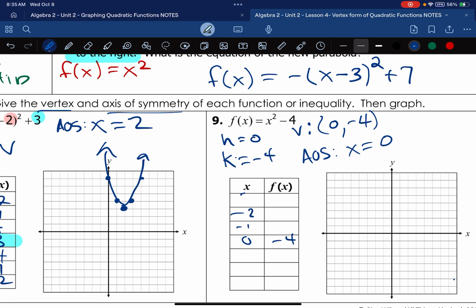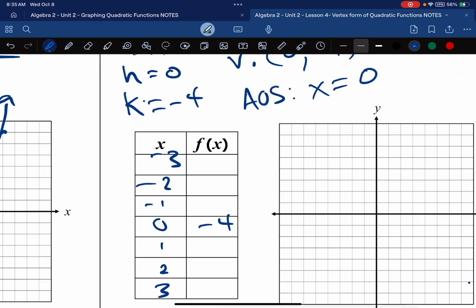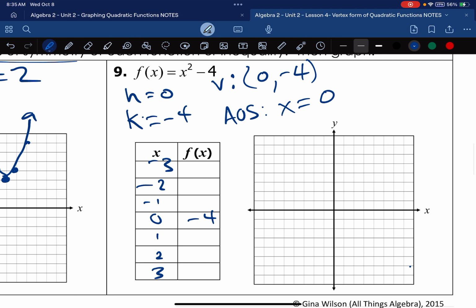Negative 1, negative 2, negative 3, 1, 2, 3. We're going to plug these into the equation above. Negative 3 squared minus 4, that'd be 9 minus 4, which is 5. Negative 2 squared is 4 minus 4, which is 0. Negative 1 squared is 1, minus 4 is negative 3. This should repeat. Negative 3, 0, 5.